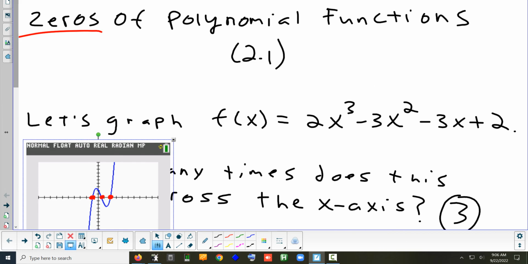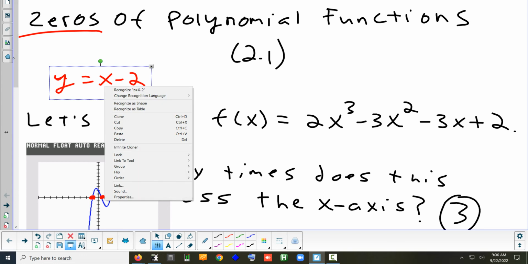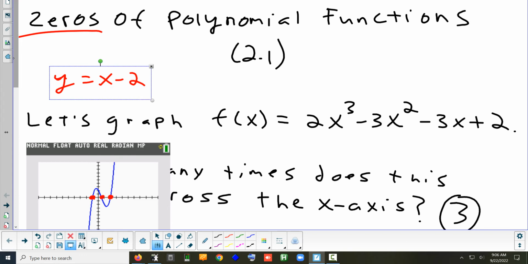What we're going to be focusing on is called finding zeros, or finding roots of equations, or finding x-intercepts. All those things mean the same thing. So if I took a simpler equation, and I said to you, what is the 0 of this function? It would be the number that you can plug in for x so that you get an answer of 0.